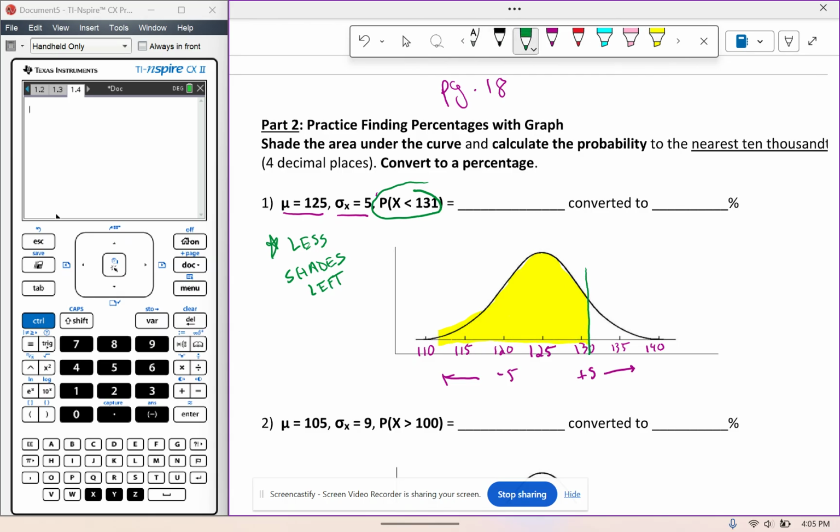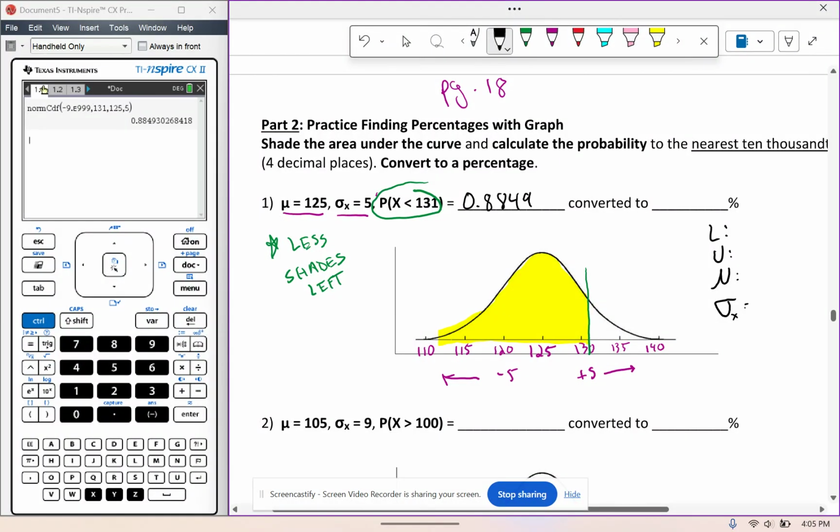Now, I do recommend when you put it in the TI Nspire, just remember you write lower, upper, mu, standard deviation. When you put it in, you should get 0.8849. You could double check my work.